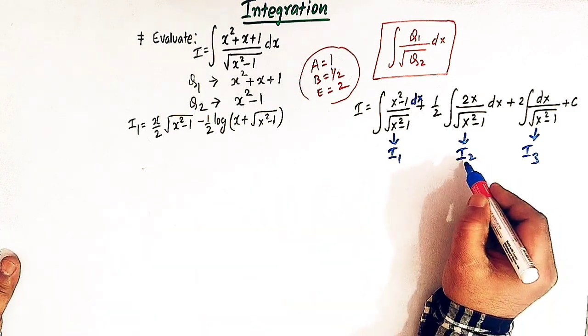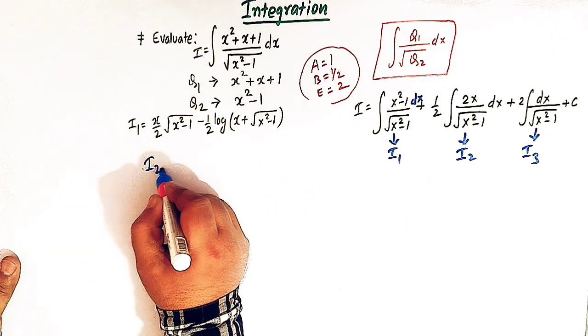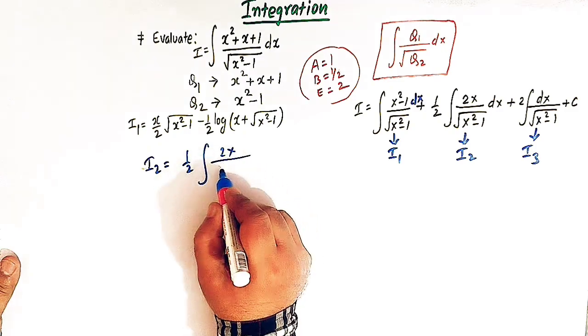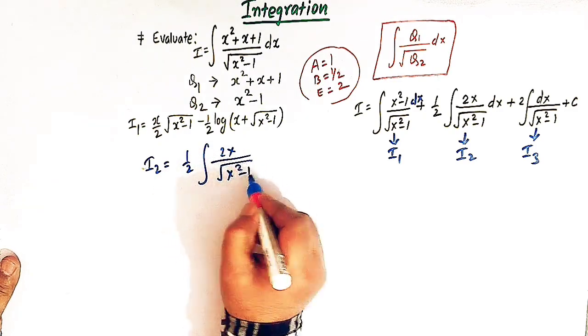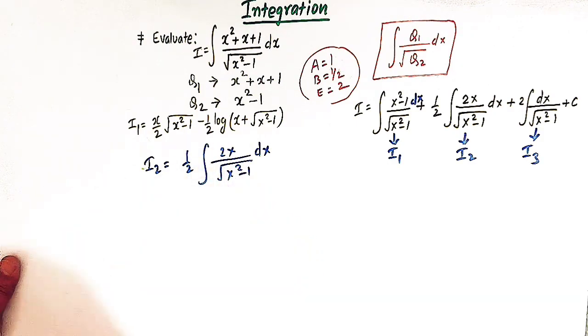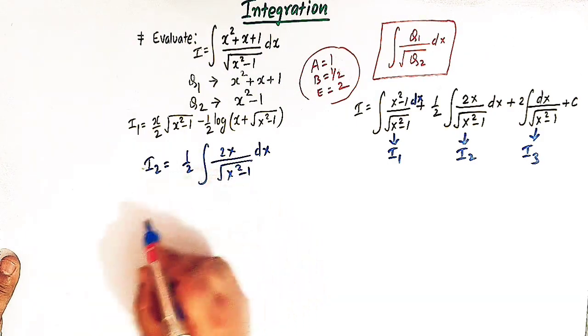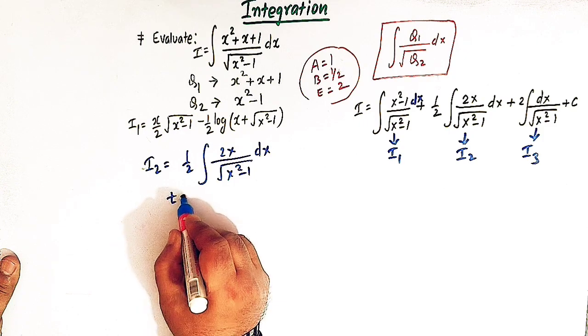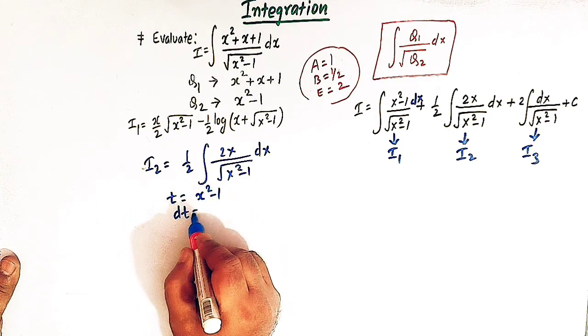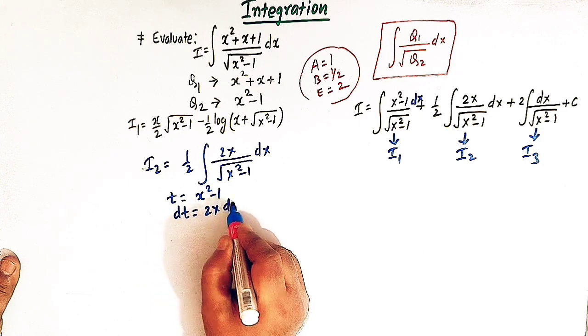So now consider this integral I2. I2 is half the integral of 2x over √(x² − 1) dx. Now we can solve this integral by the method of substitution. We can take t equal to x² − 1, so dt is equal to 2x dx.